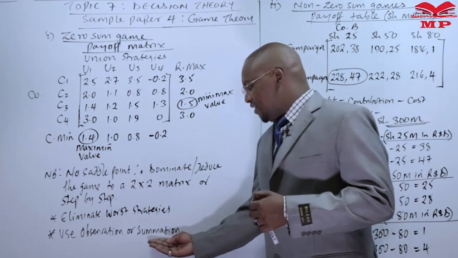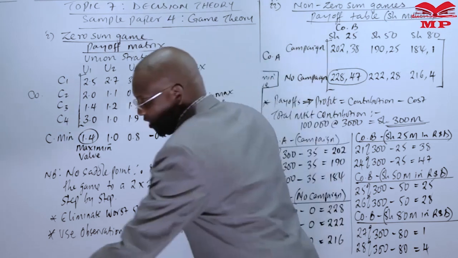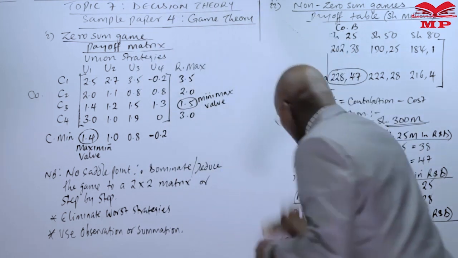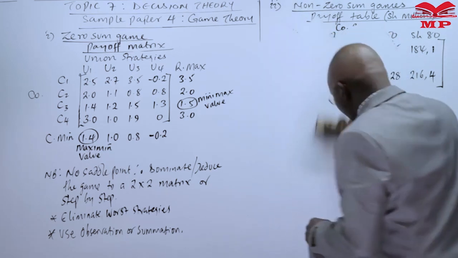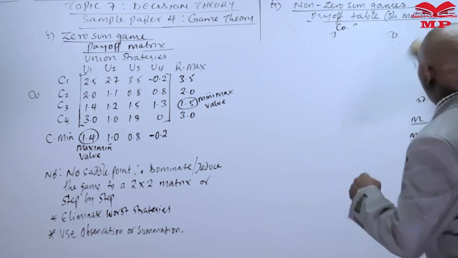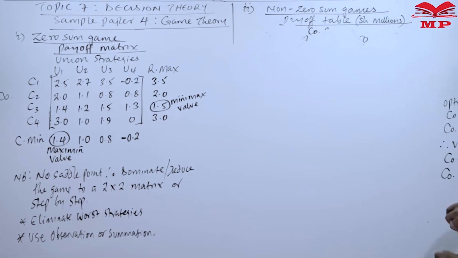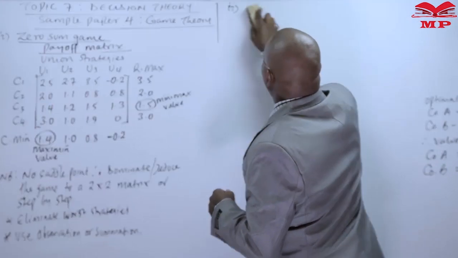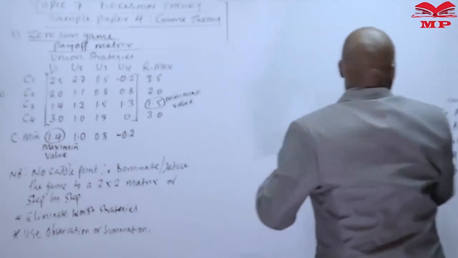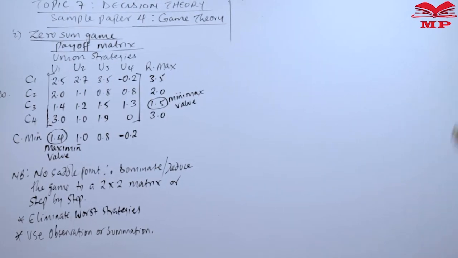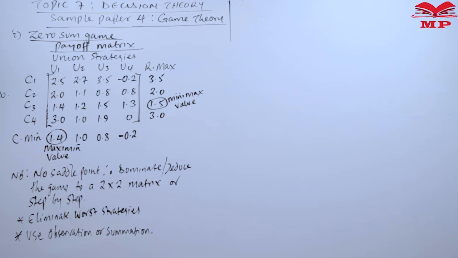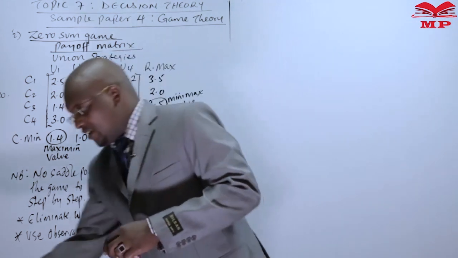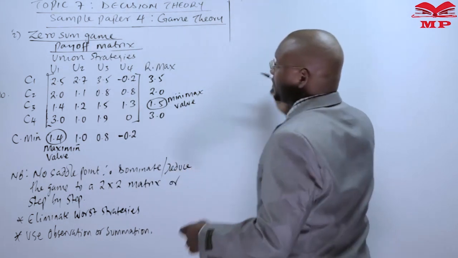So let me just use the second one, summation, because it is going to be clear to everyone when you do summation, unlike observation. But observation is again useful if the summation ties. If we sum up and we end up having a tie in our summation, then the observation comes in to break the tie.